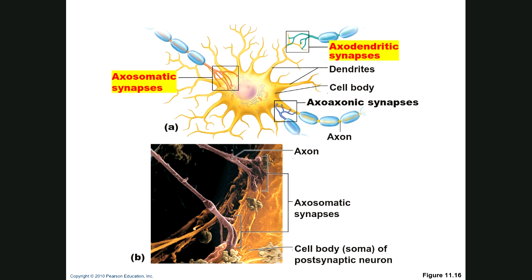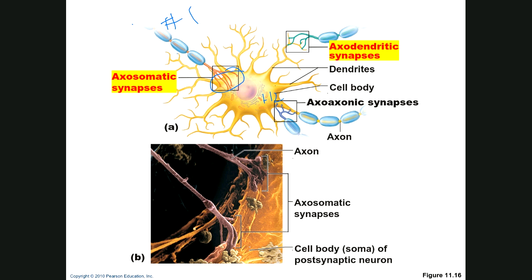So here is a synapse between neuron number 1 and neuron number 2. And you can see how neuron number 1 reaches the body of neuron number 2 and releases its neurotransmitter close to the body of the receiving neuron.